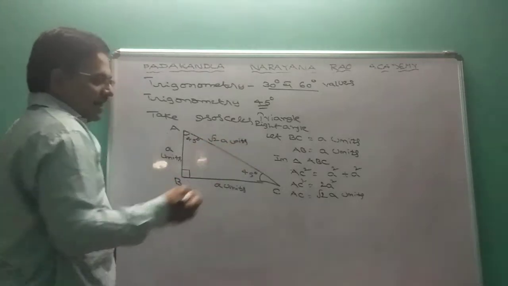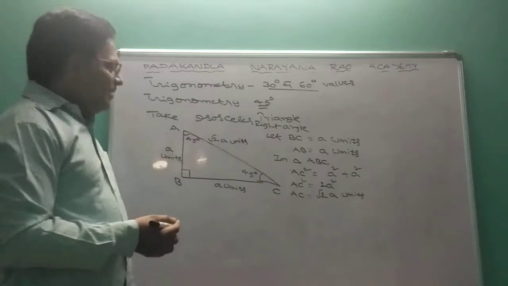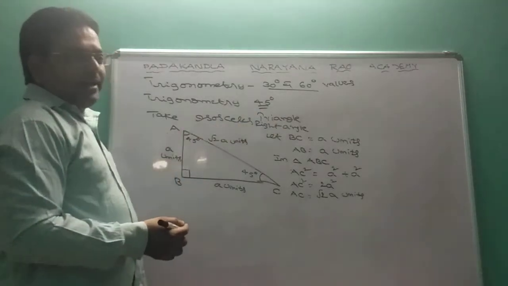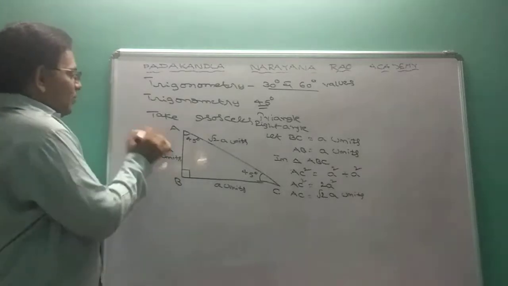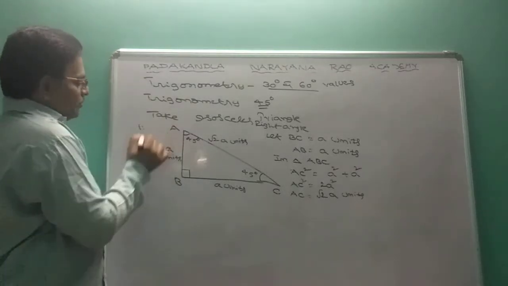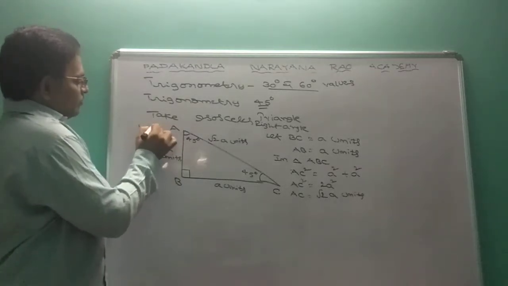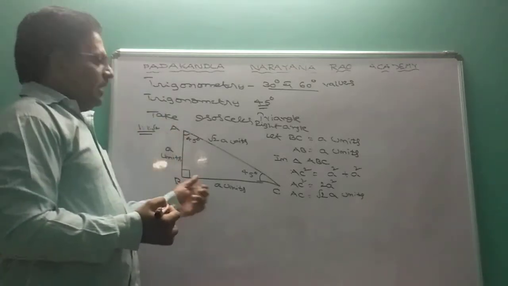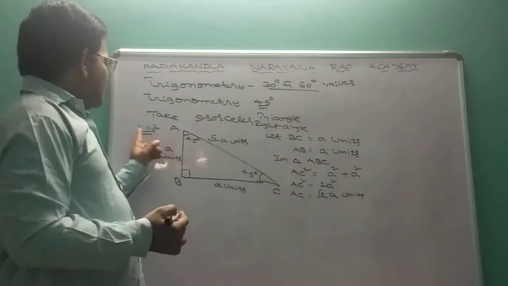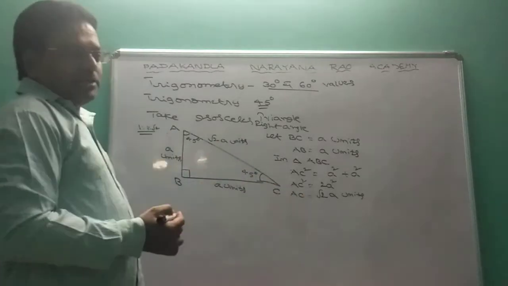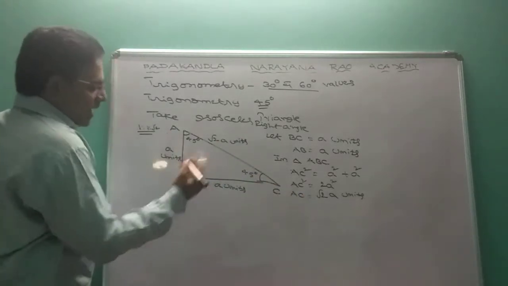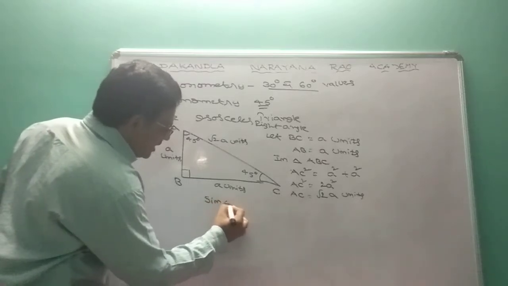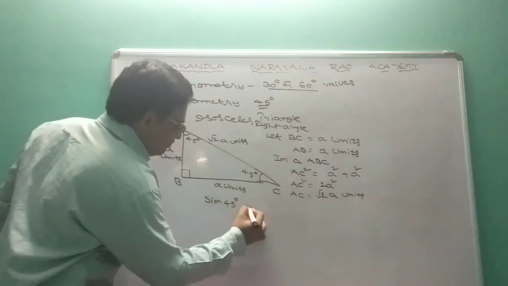Otherwise, already in lower standards you learned that in an isosceles right angle triangle, sides are in the ratio 1:1:root 2. Use that property also. Now take the trigonometric ratios. For suppose sin 45°.